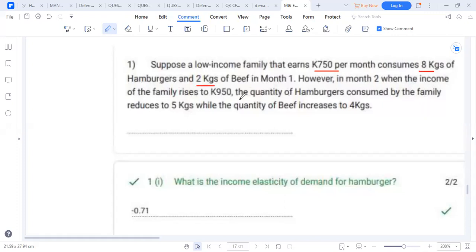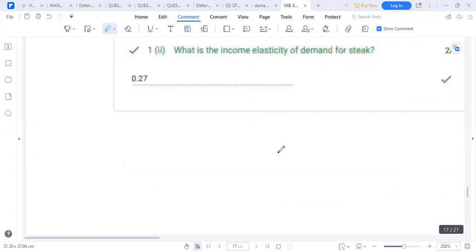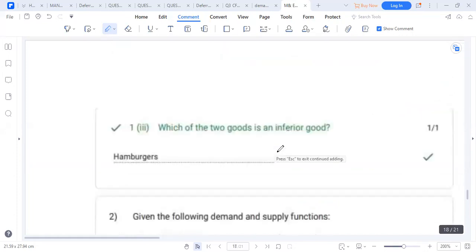However, in month 2, the income increases to 950 and they consume 5 kgs of hamburgers and 4 kgs of beef. So I want to look at the income elasticity of a burger. Anyway, we're dealing with income elasticity. I just want us to deal with price elasticity first of all.